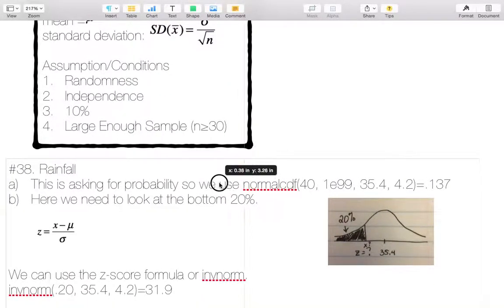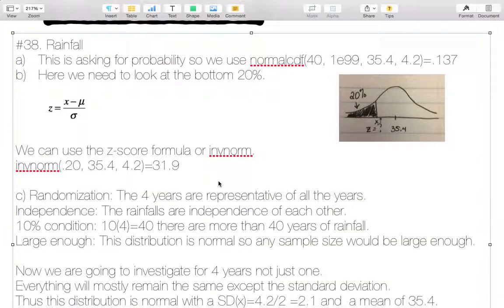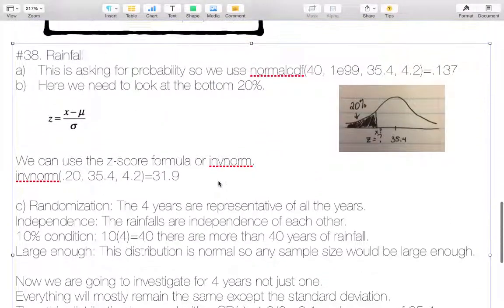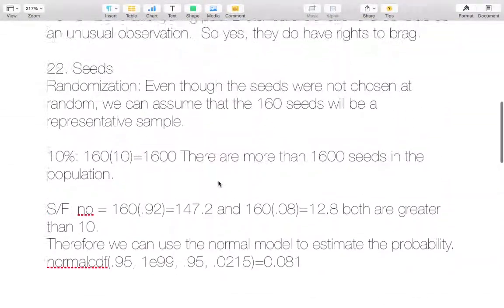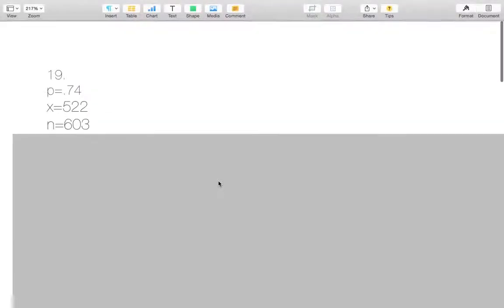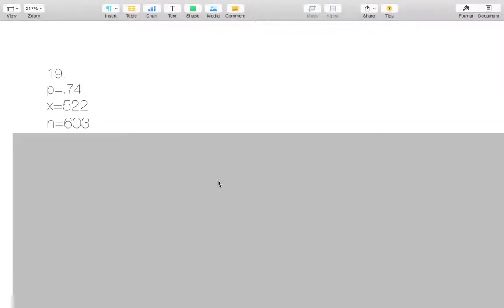So if those particular problems have not been done, I would like for you to pause the video, take some time to go over that, and maybe take 15 minutes at most and go through these problems. You can use the iPads, or if you have them printed off, do them that way.